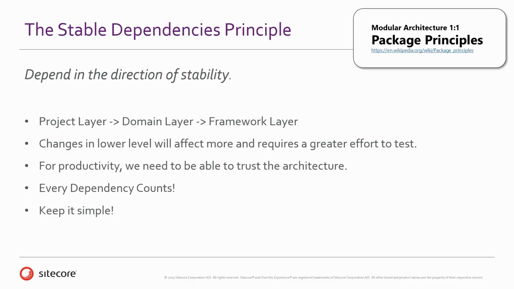Whereas if module A changes, then module B is really not affected. You don't have to test module B because there's no reference from B to A, only from A to B. So in that case, it's really important that module B is the stable one. The one that has the most references needs to be the most stable.